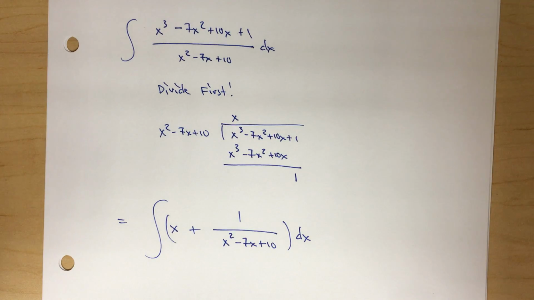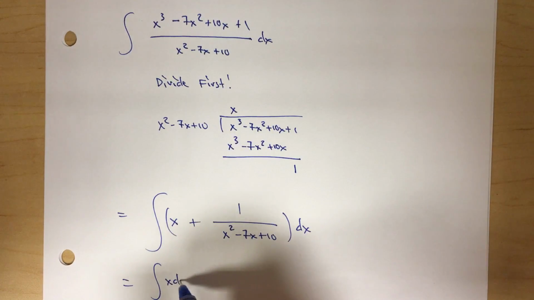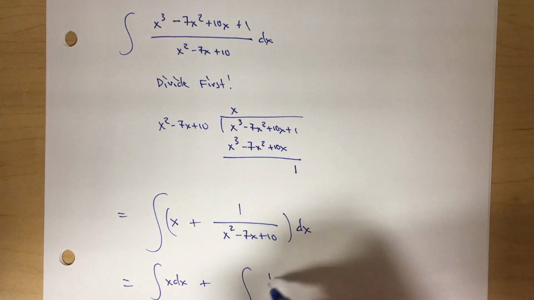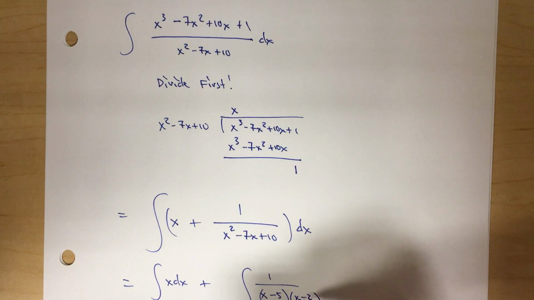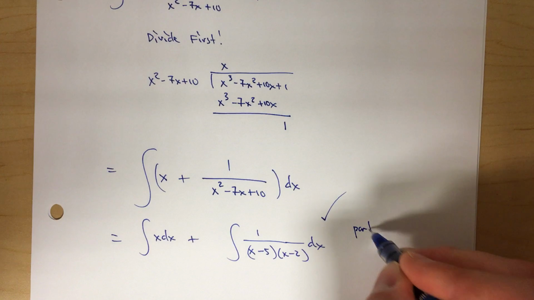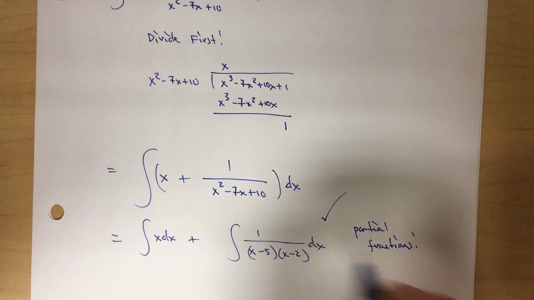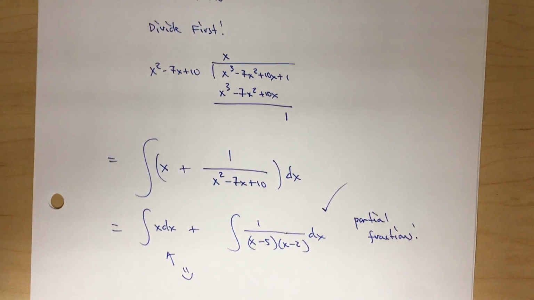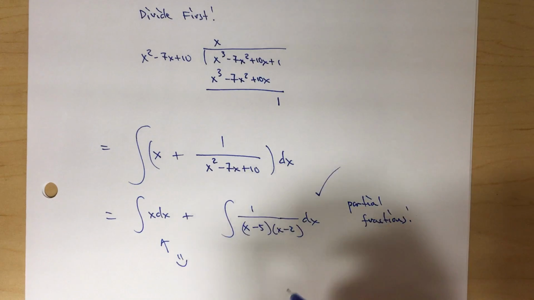Anyway, the point is that this is now the antiderivative of x dx plus the antiderivative of 1 over x minus 5 times x minus 2 dx. And this you can apply partial fractions to. And this is happiness. I'm not going to complete this problem, but you can definitely do it.